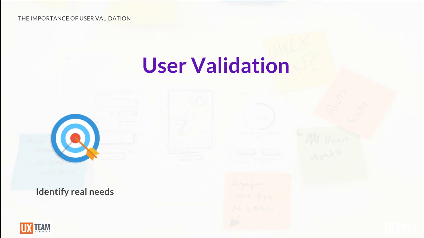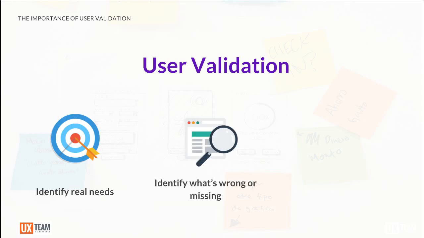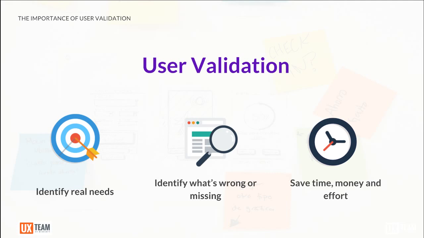So it's very important to identify what's wrong or missing, to adapt and improve what we already have into something even greater. And the last one, which I think is one of the most important because it's related to rework and investing a lot of resources to build something that is not going to be useful, is because it saves time, money, and effort. So how can we do user validation?